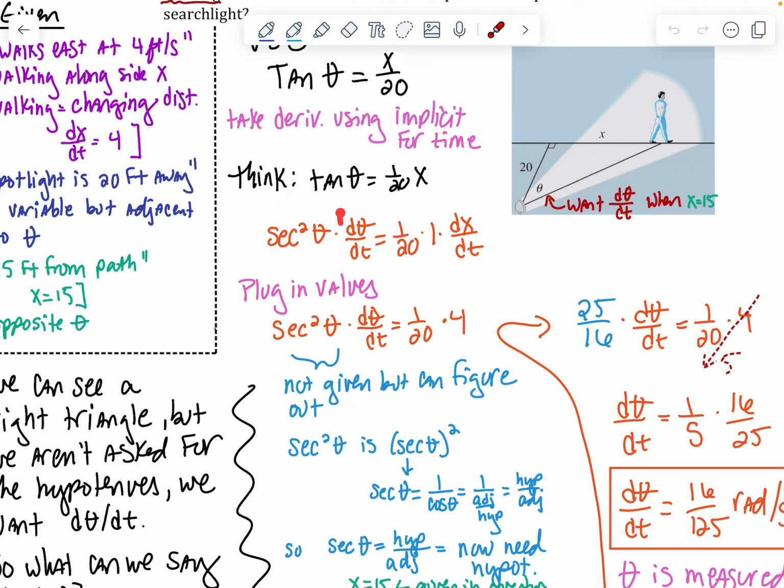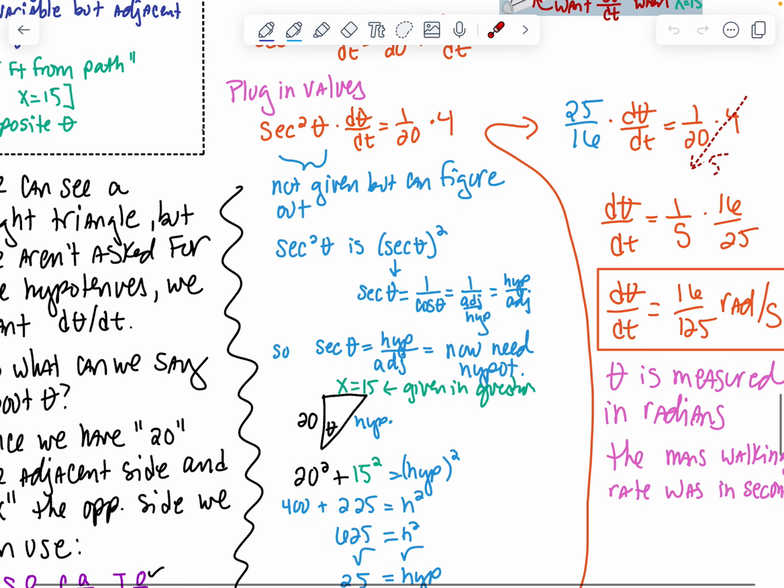And then because we're taking the derivative of theta, we need to put dθ/dt. Coefficients stay there. The derivative of x is 1, but because we had an x, we need to write dx/dt. Next step is always to plug in the values we have. We really only have one value from that formula, which is dx/dt is 4. We don't have anything for theta or dθ/dt.